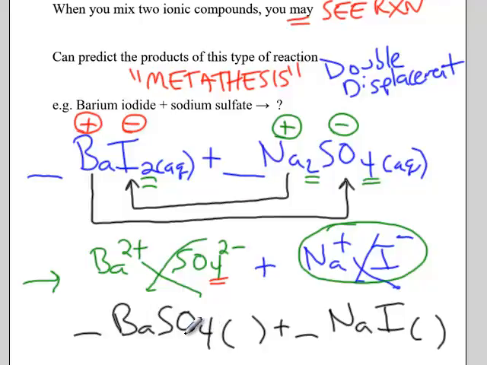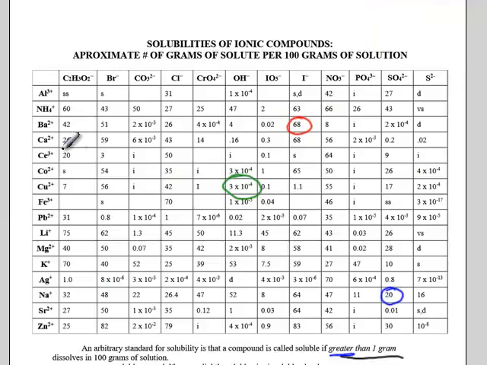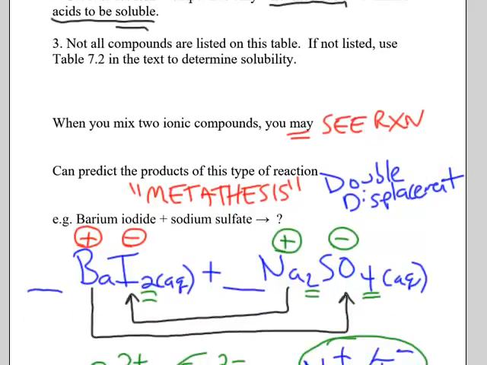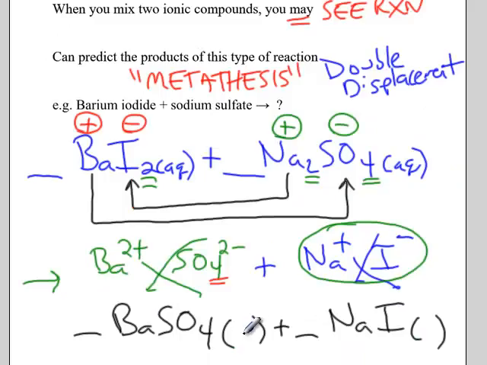Now for both of these, we have to fill in the phase by looking at the table in the lab manual. So barium sulfate, barium and sulfate is 2 times 10 to the negative 4th, which is less than 1. So barium sulfate does not dissolve in water.